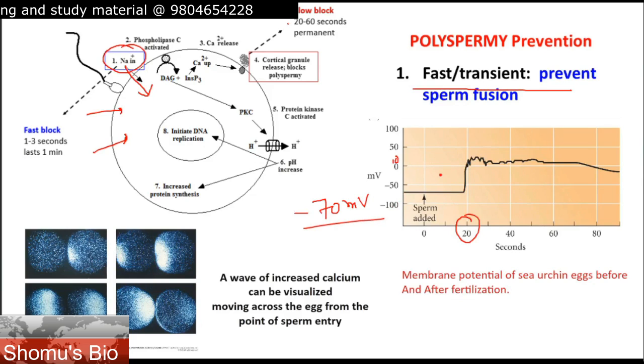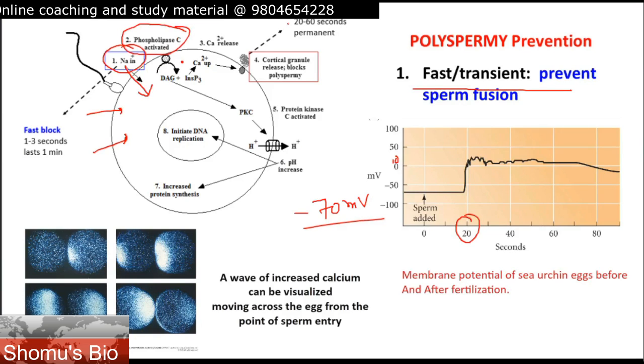So this huge jump of 70 to 80 millivolt is only caused by the rapid influx of sodium ion. Once sodium ion is inside, that causes phospholipase C to be activated. Once phospholipase C is activated, what is the feature of phospholipase C? I told you that you will see the application of cell biology in every single step, and this is an example of cell signaling.